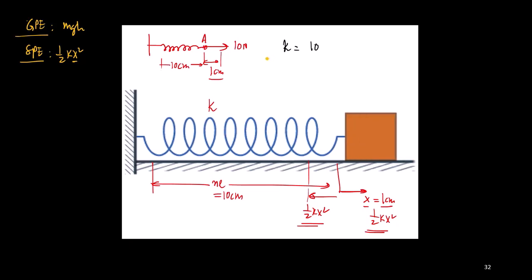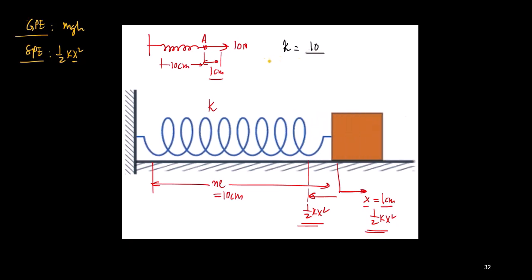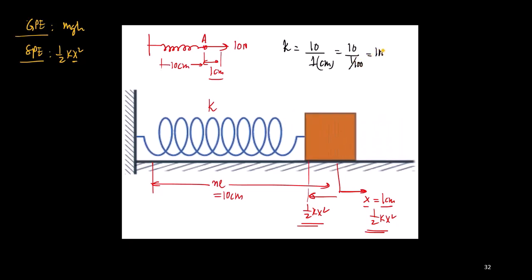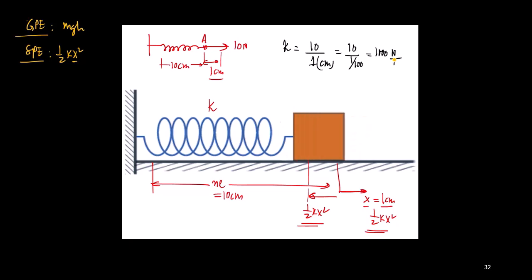How much force am I applying? 10 Newton. What is the elongation? 1 centimeter. If I convert 1 centimeter to meter, 10 divided by 1 by 100, that means 1000. That is Newton per meter, that is the answer for k. So k is called the stiffness of the spring, that is the amount of force required to elongate the spring by unit length.